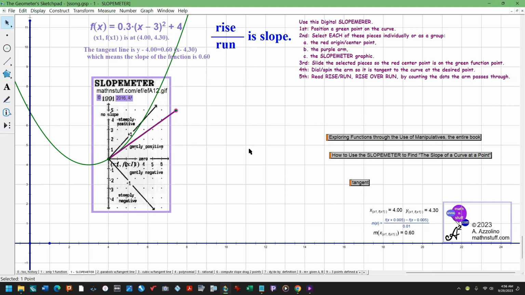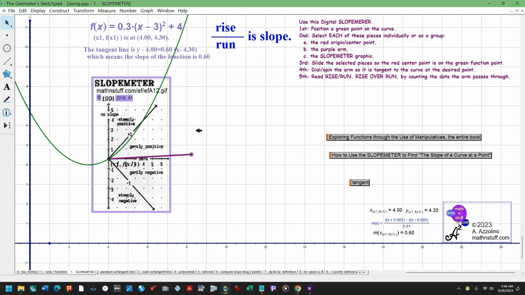We go back to rise and run. Let's go a little bit better here. I see this point as being on the curve. So the slope is rise, 1, 2, 3, 4, run, 1, 2, 3, 4, 5, 6. The slope of that point is 4/6 or 2/3.